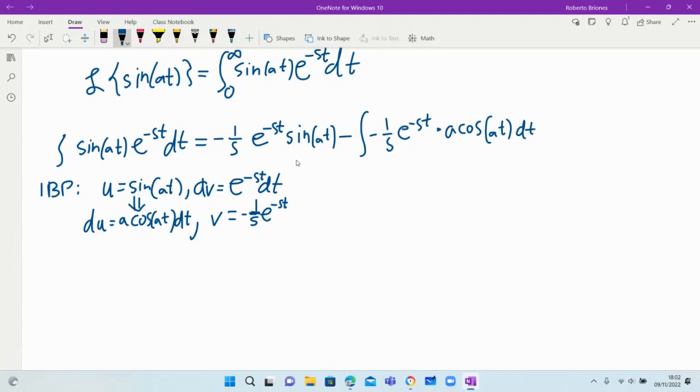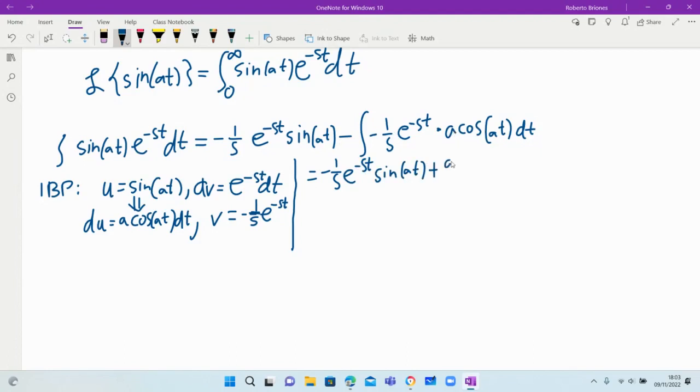dt. And then let's put some demarcation line here. So this will be equal to negative 1 over s e to the negative st sine of at. And then we have a minus here and a minus here and the coefficient a here.